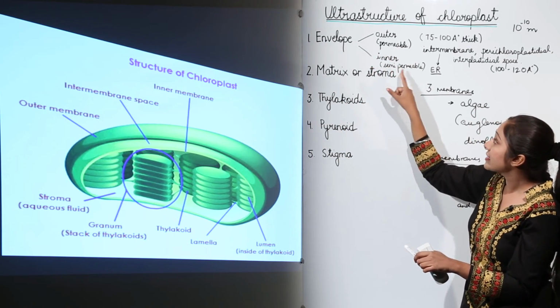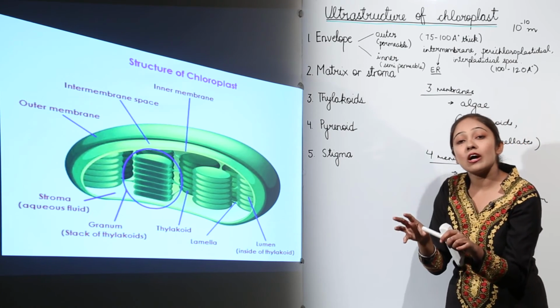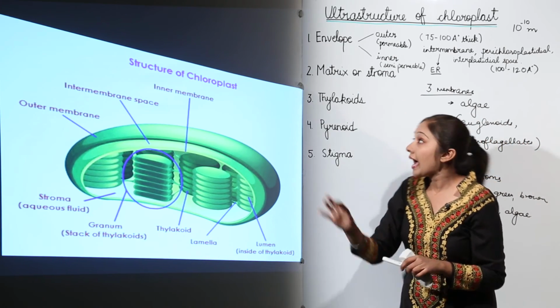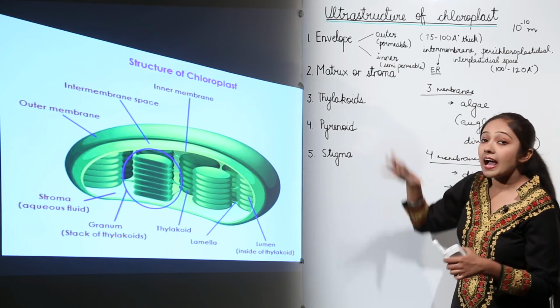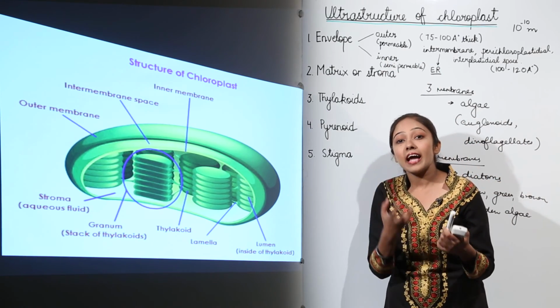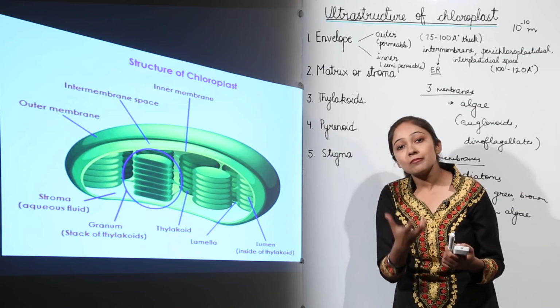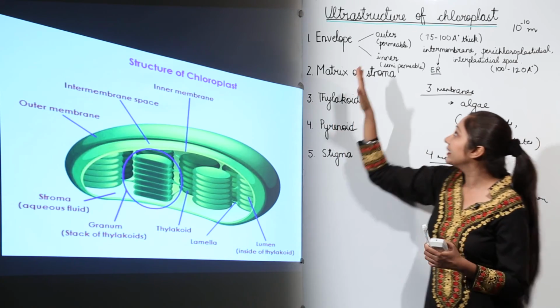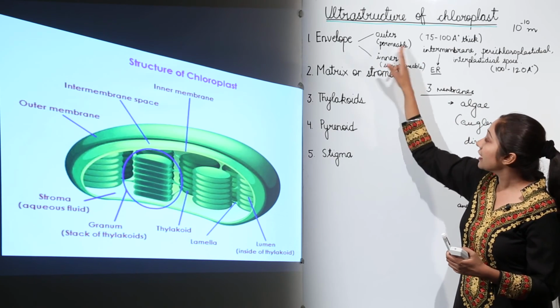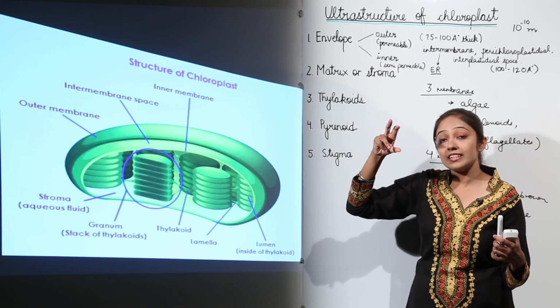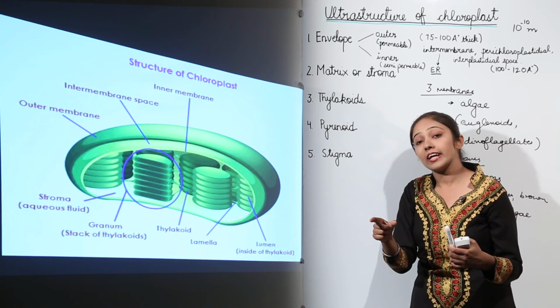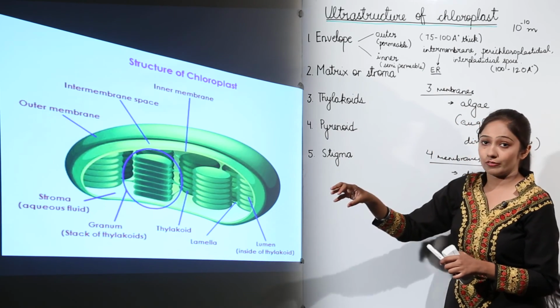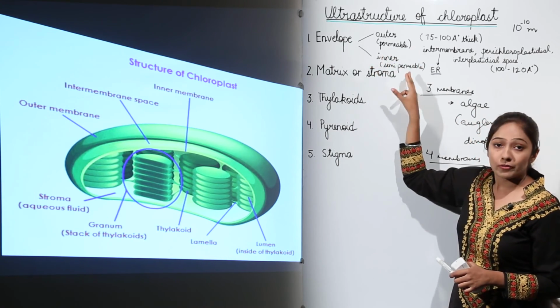This inner membrane is semi-permeable, it allows only selected materials to come. And this semi-permeable membrane has many carrier proteins. These carrier proteins are going to facilitate the entry of those particles which enter through this inner membrane.